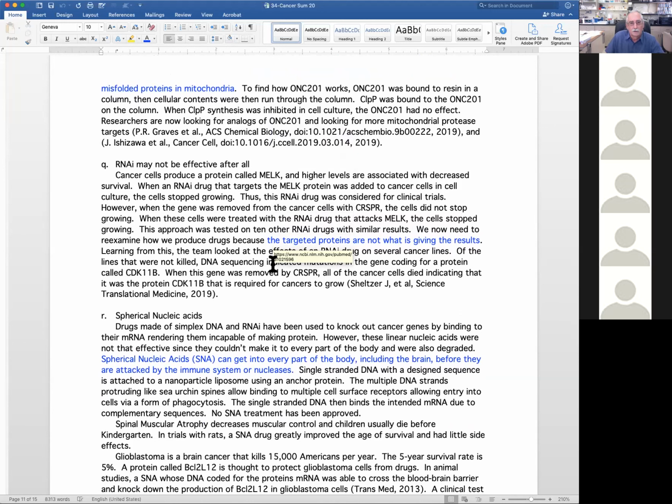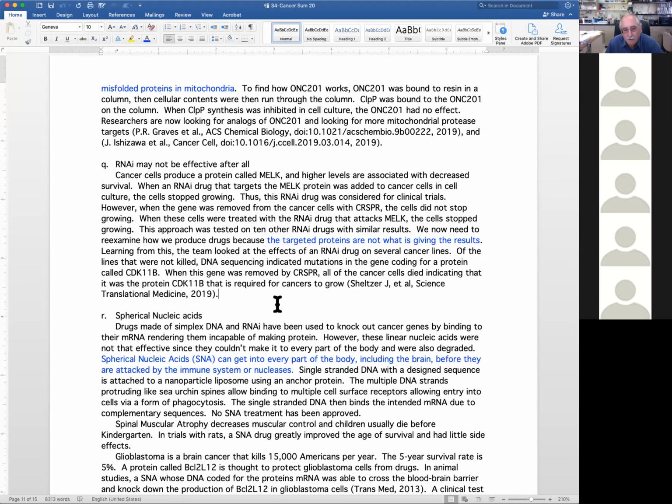And then interference RNA. They were hoping that this would be helpful in fighting cancer. It looks like it's probably not. This is something that they'd hoped for. So interference RNA knocks out the messenger RNA coming from certain genes, right? But it hasn't been successful.